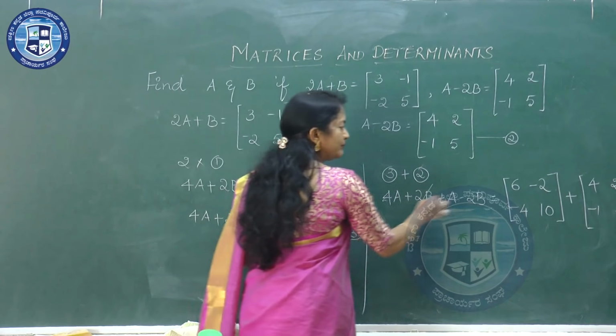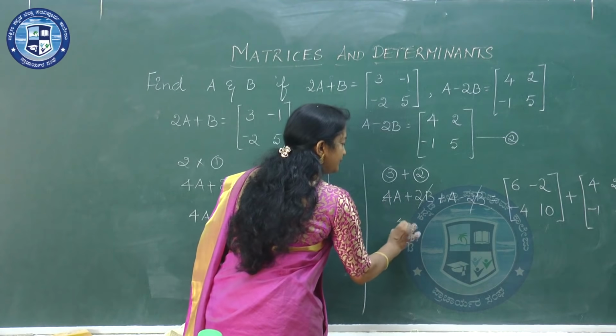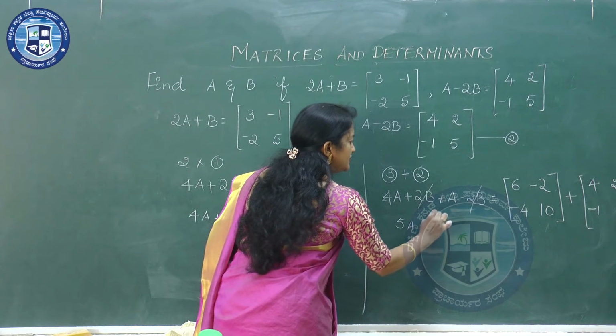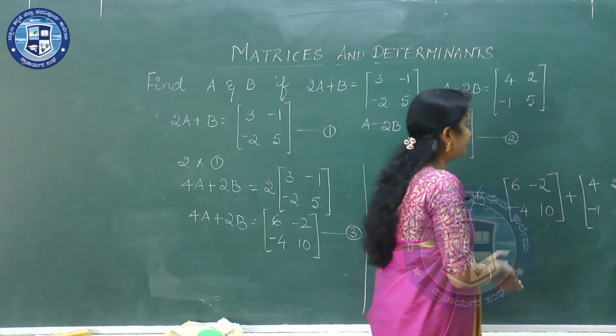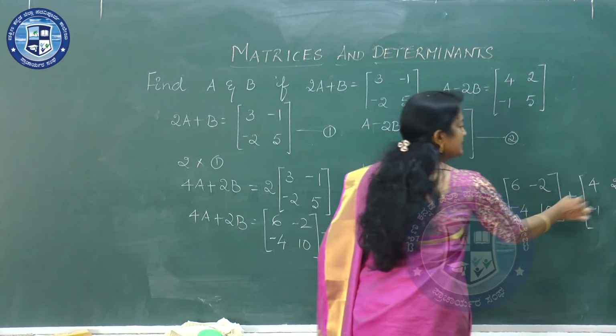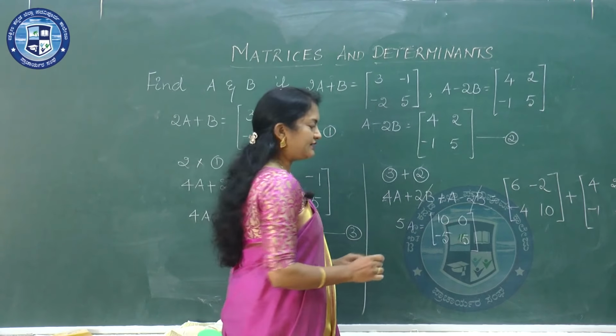Now 2B gets cancelled. 4A plus A is 5A, which is equal to the sum of these two matrices on the RHS: 6 plus 4 is 10, minus 2 plus 2 is 0, minus 4 plus minus 1 is minus 5, 10 plus 5 is 15. So we get 5A equal to this.